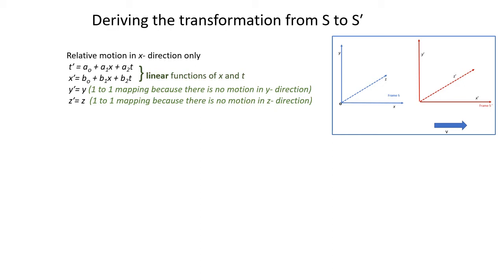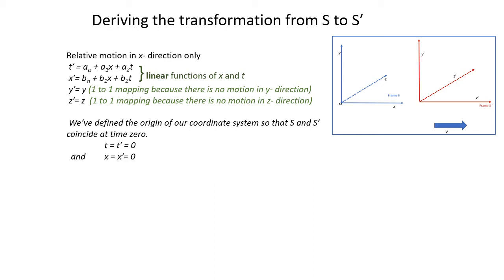As I said before, we've defined the origin of our coordinate system, so S and S' coincide at time 0. So this means that the two constants a0 and b0 are 0, and our equations become t' equals a1x plus a2t, and x' equals b1x plus b2t.